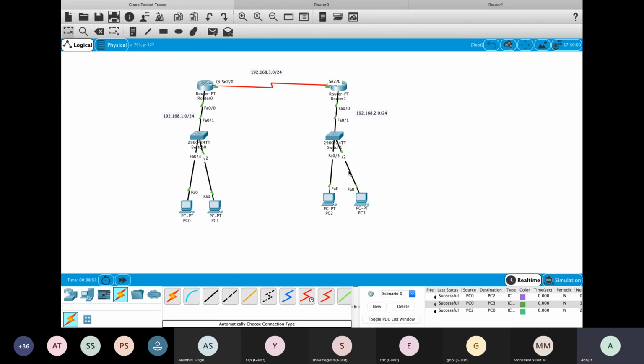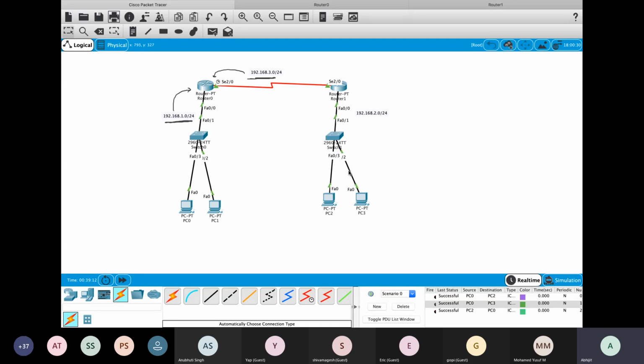Perfect. So, as you can see, this is basically the topology that we have, which means if I specify how we are working over here, then you can get a view of it in a way that you have your directly connected networks as 1.0 and 3.0, which are known to this particular router.